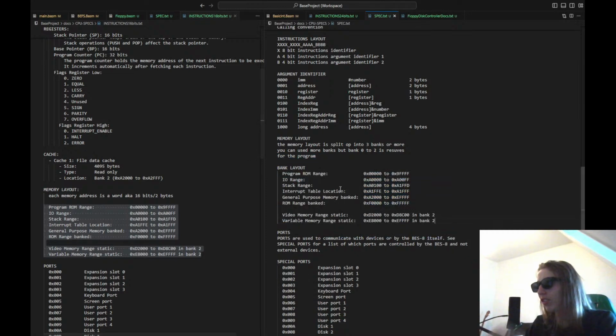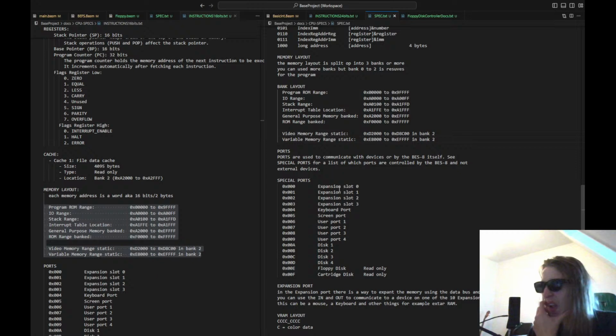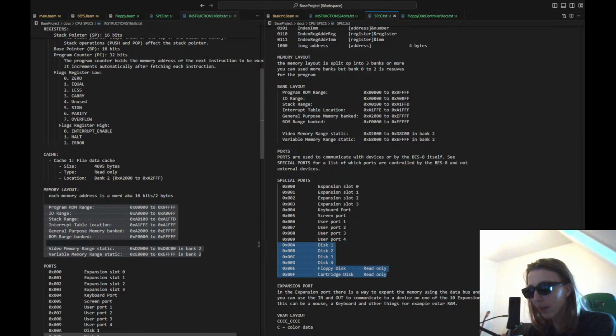It's a memory layout here now. Which ports are controlled by the... So how many disks do we have? We have from A to F in disks.